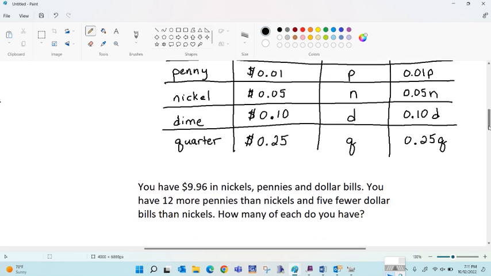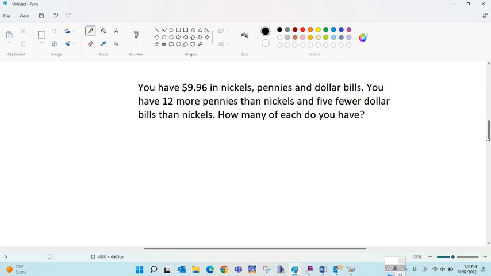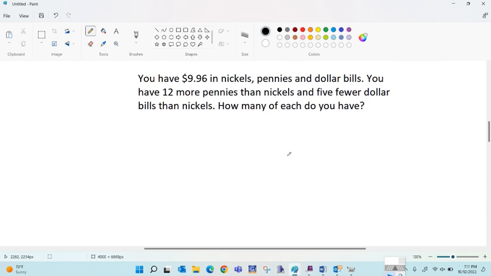Now let's take a look at some money problems. Money problems are very interesting. So you have $9.96 in nickels, pennies, and dollar bills. You have 12 more pennies than nickels and 5 fewer dollar bills than nickels.